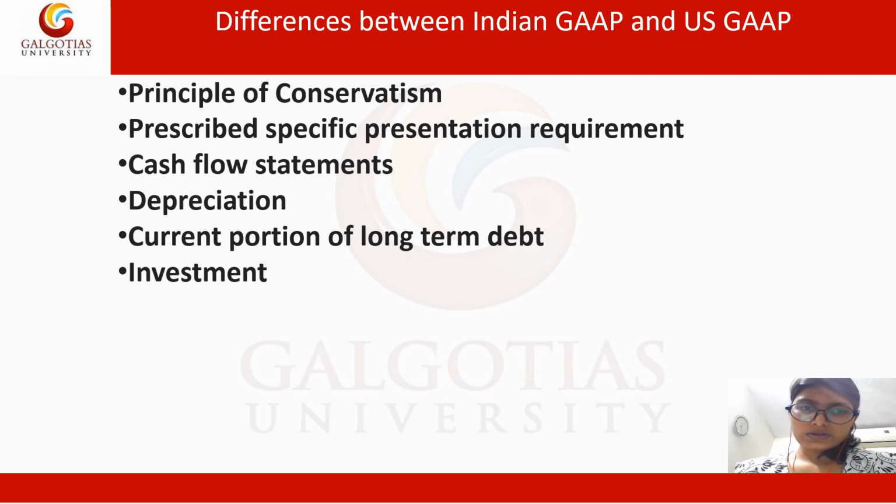There is no prescribed presentation requirement in case of the US GAAP. However, as per the Schedule 3 of the Companies Act 2013, there are certain rules and regulations that are prescribed for presenting the financial statements.